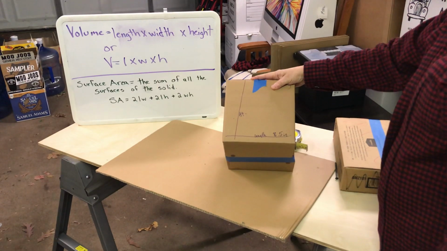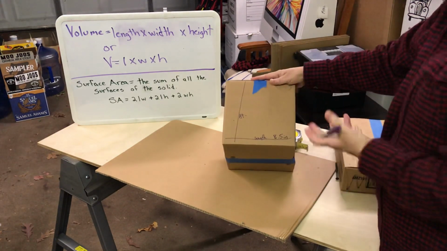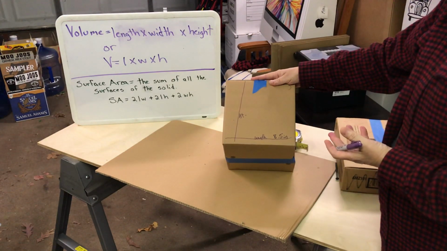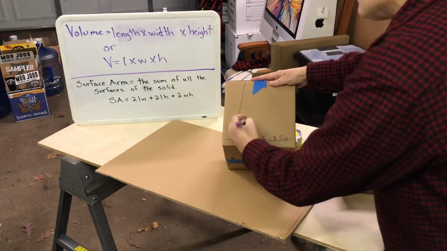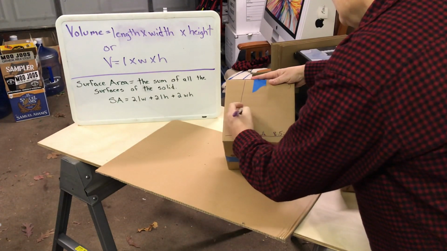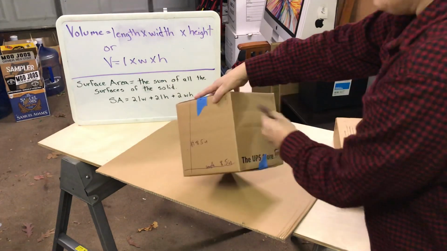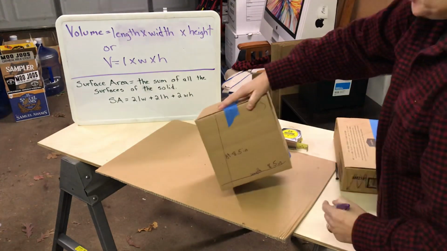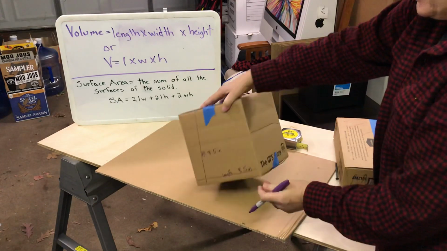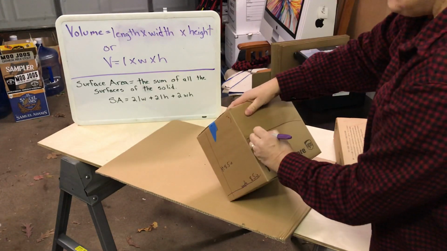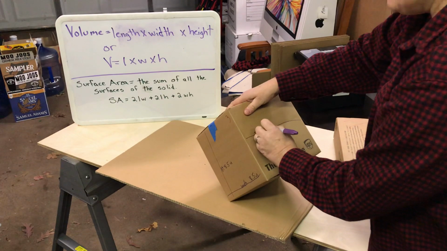We said it was a square, so all sides are equal or congruent, which means that's 8.5 inches. And then the width, or as they like to show you on the 3D, in this way, would also be 8.5 inches.